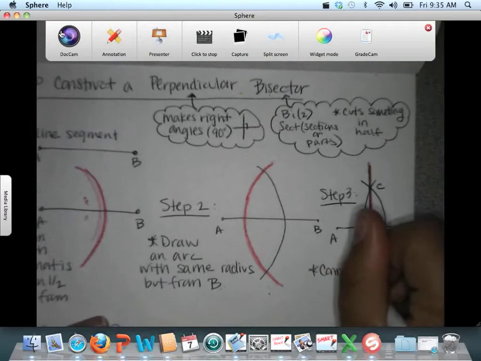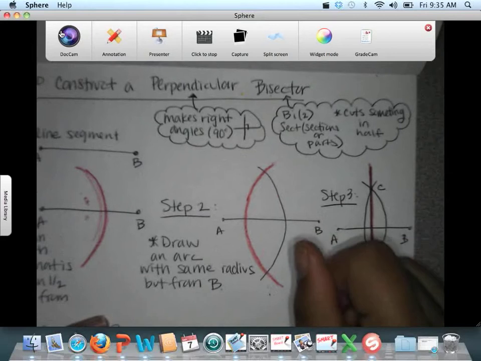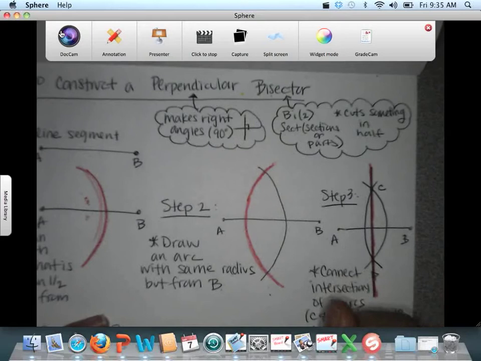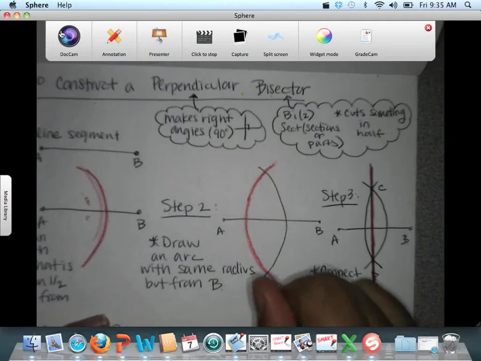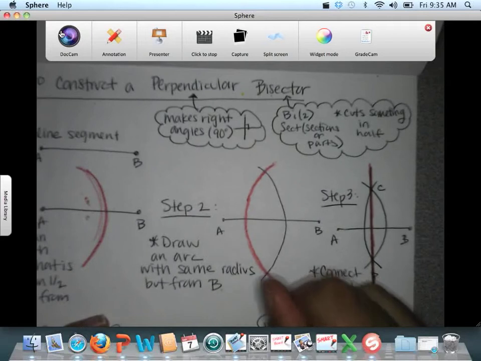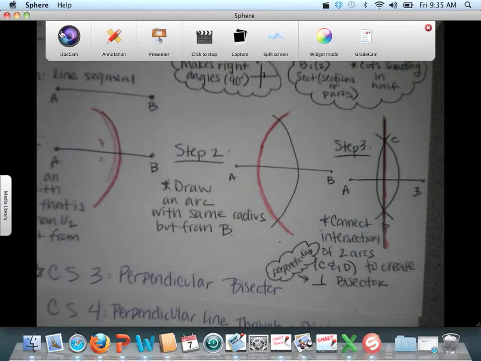Connect the intersections of the 2 arcs, C and D, to create your perpendicular bisector. And so you know, this is the symbol for perpendicular. There you go. 3 easy steps.